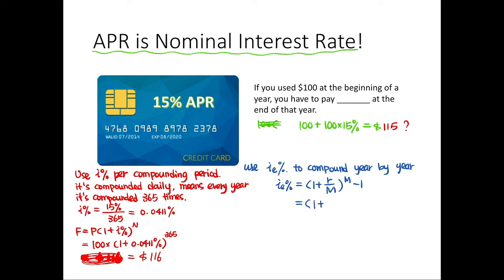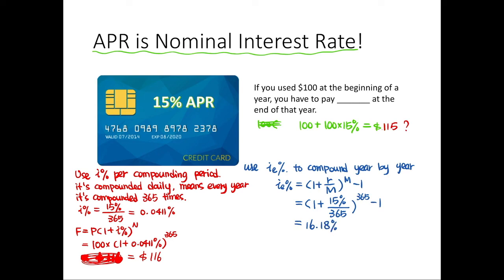R is 15%, and because it's compounded every day, M is 365. So 1 plus 15% over 365, to the power of 365, minus 1. If you do the calculation, the final result is going to be 16.18%. So that is your IE.